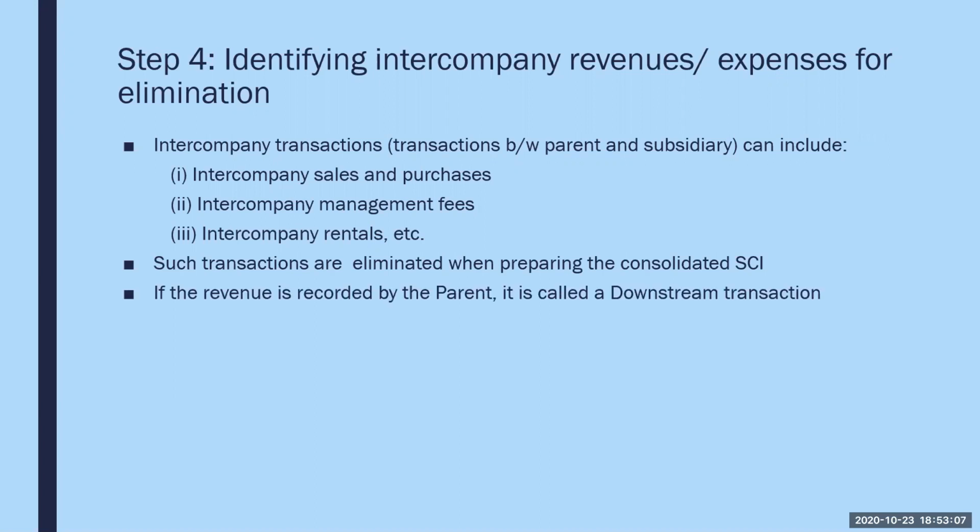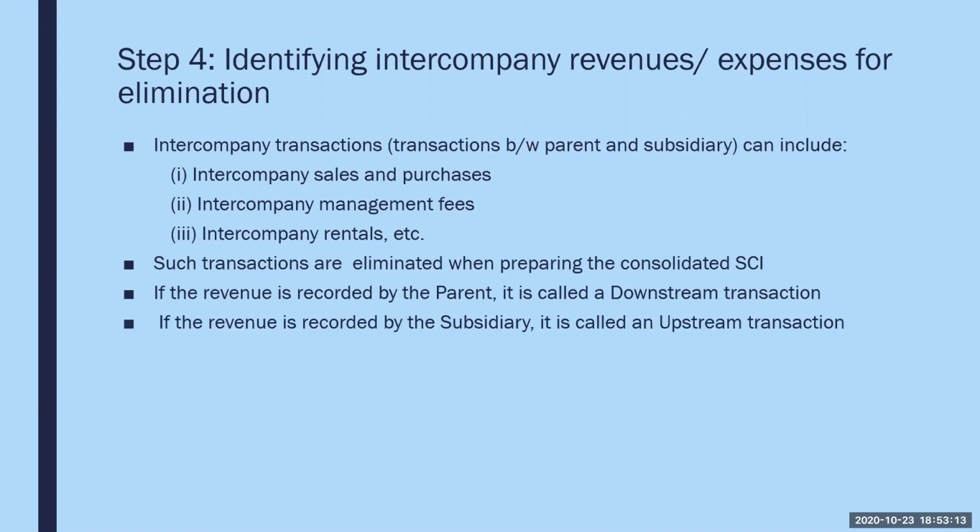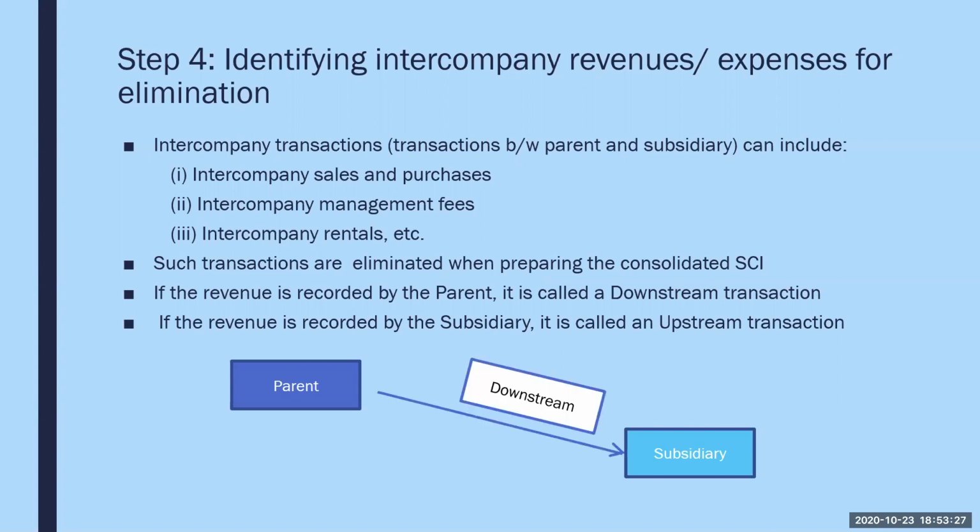If revenue is recorded by the parent, we call this a downstream transaction. If the revenue is recorded by the subsidiary, it is called an upstream transaction. So once again, you have the parent company and the subsidiary. If the parent company records revenue, it's a downstream transaction. If the subsidiary records revenue, it's an upstream transaction.